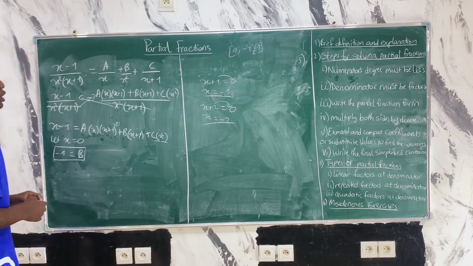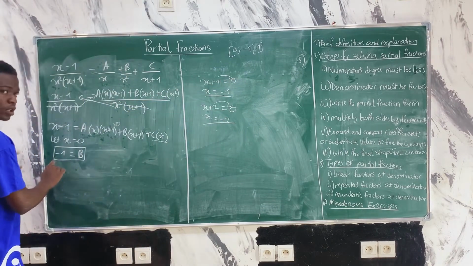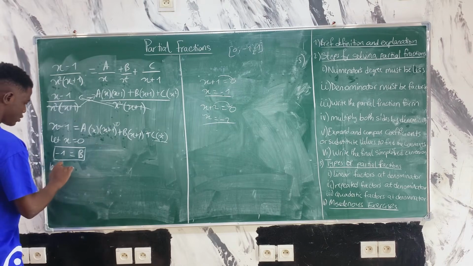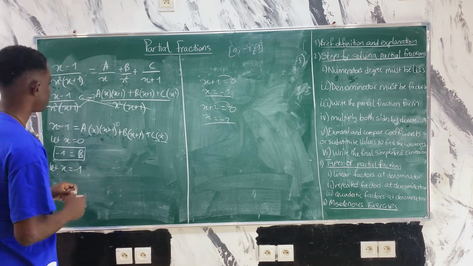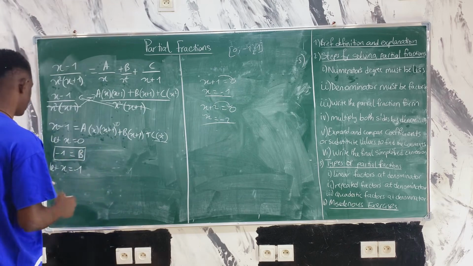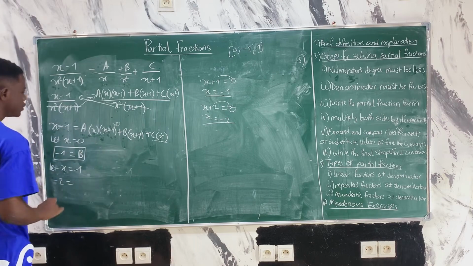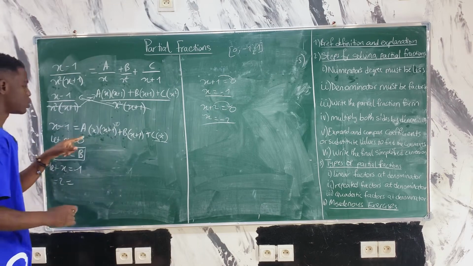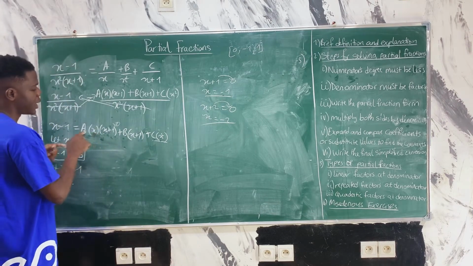So when you have found the value of b, you let your second one, I'll let x to be negative 1. When I let x be negative 1, I substitute my negative 1 in the function. I'll have negative 1 minus 1 is minus 2, equals, I put negative 1. When I put negative 1 here, I'll have negative 1 times a.